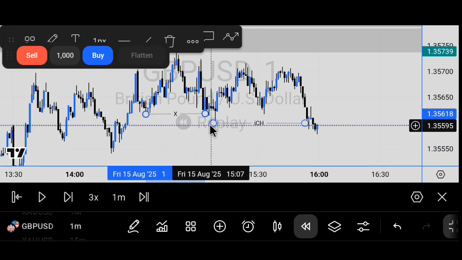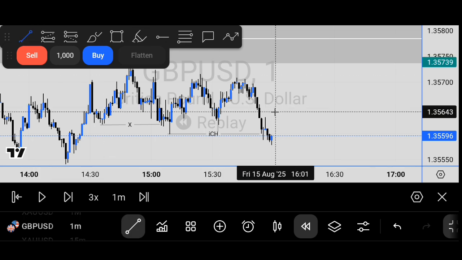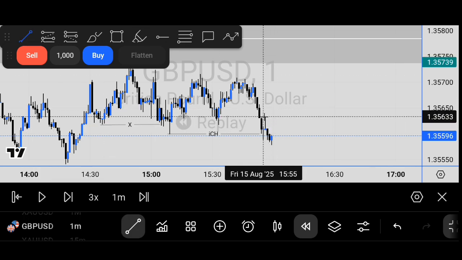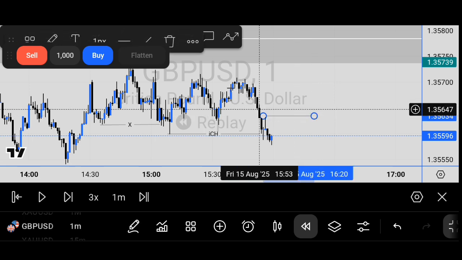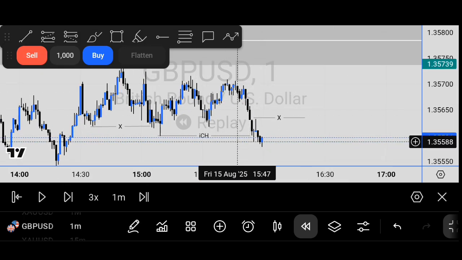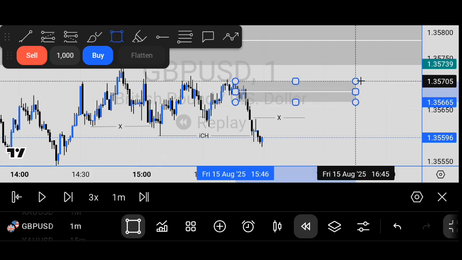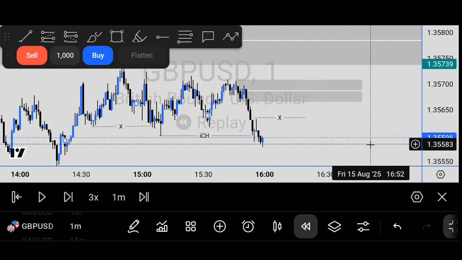This one is our inducement, and here we have our other inducements right here to go short, confirming that yes, we can go short. And now here is our unmitigated order flow.